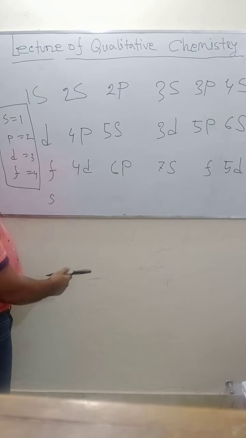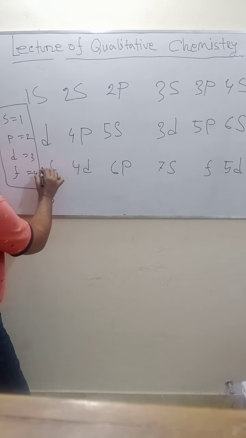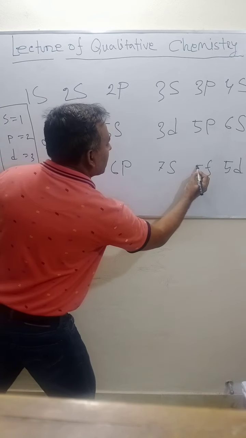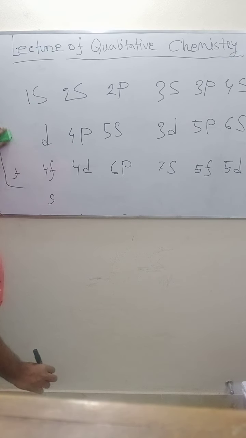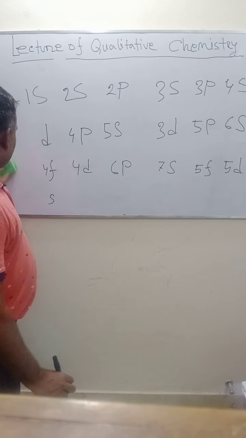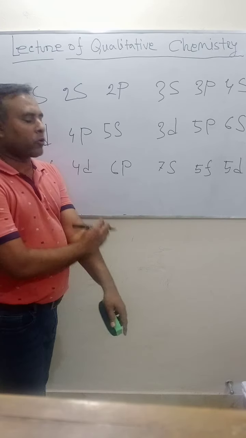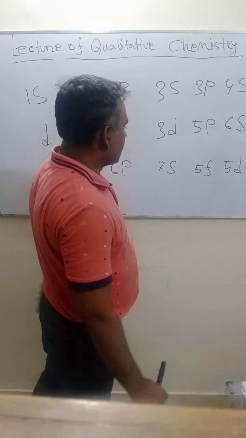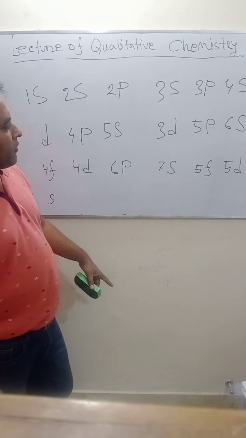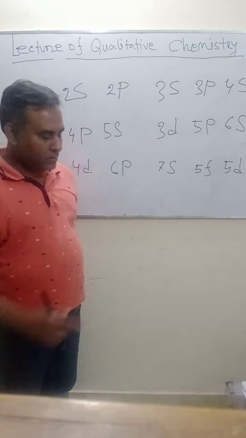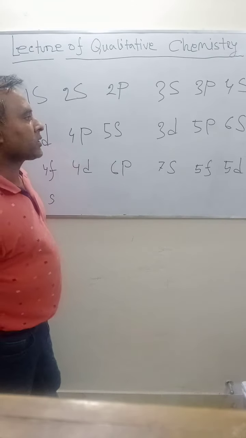F starts from 4: only 4 and 5. This is the tricky system to memorize the sequence of different subshells or orbitals by energy.